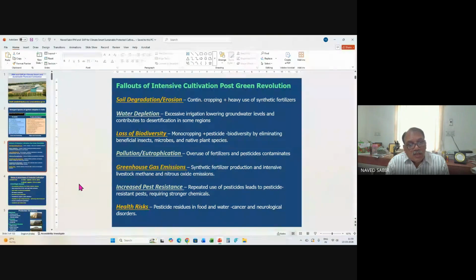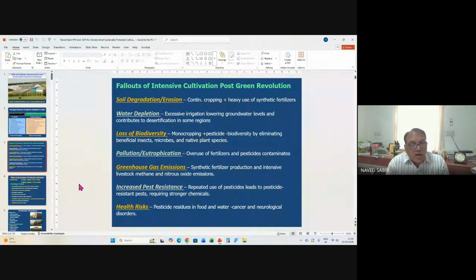Now, other than the land fragmentation, the other problems the farmers were facing at large were soil degradation and erosion due to continuous cropping, heavy use of synthetic fertilizers and chemicals, and water depletion. The water table was continuously receding, and even the water quality was getting worse.